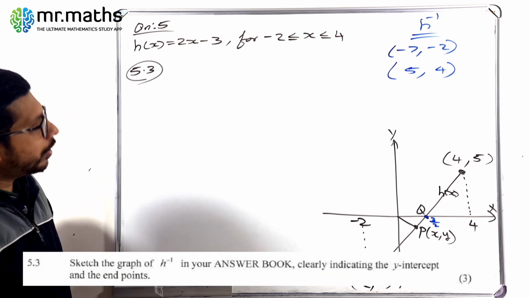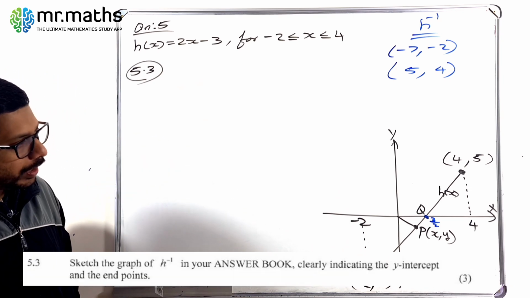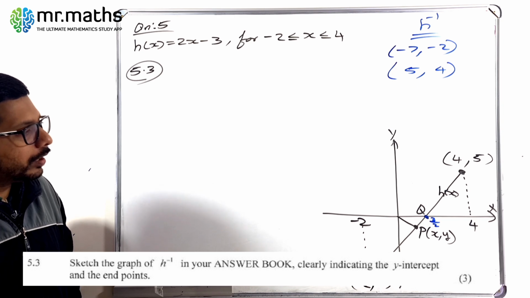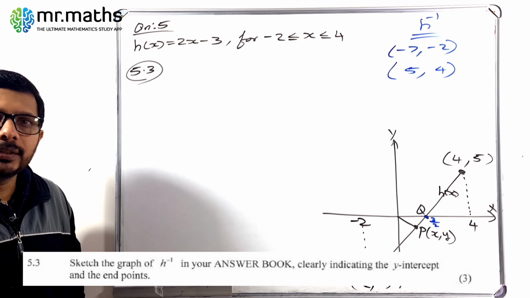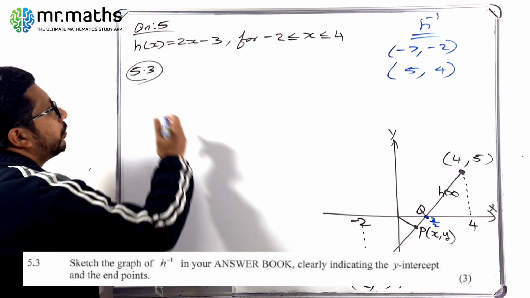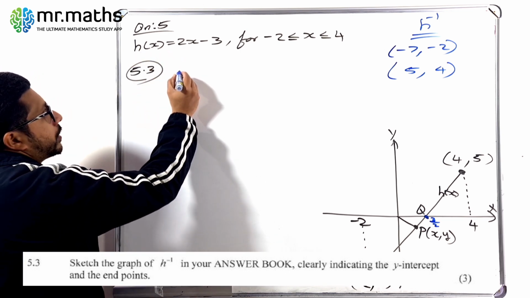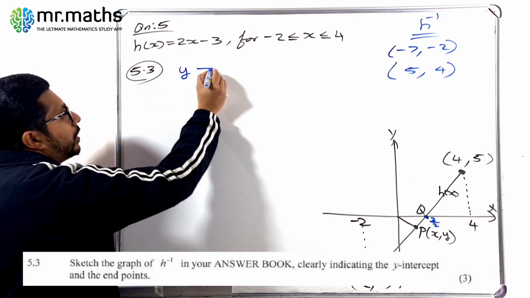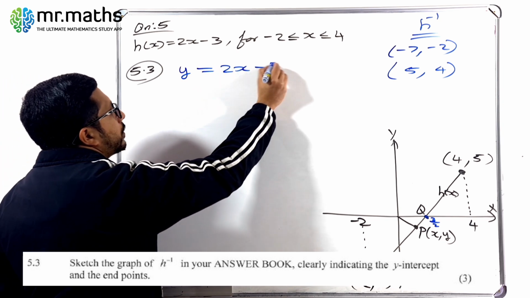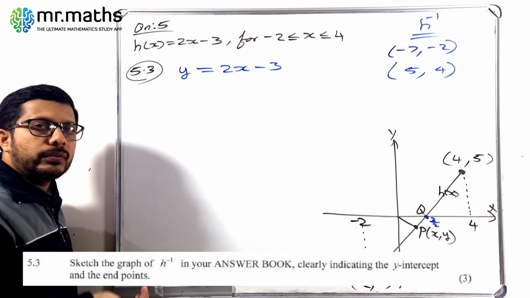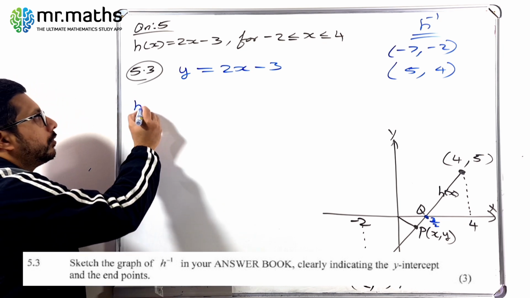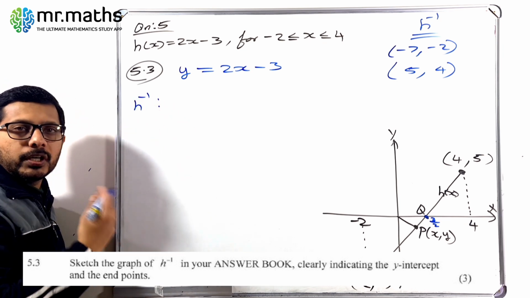Okay, so now we have to find the y-intercept also. How can we find the y-intercept in this graph? Look at this one. This h of x is the same as y. Y is equal to 2x minus 3. This is our h of x graph. To find h inverse, what are you supposed to do?